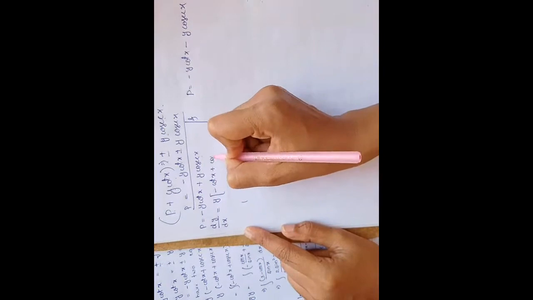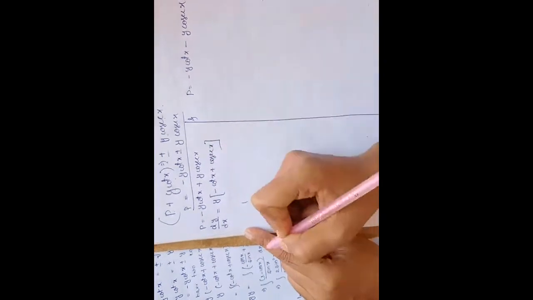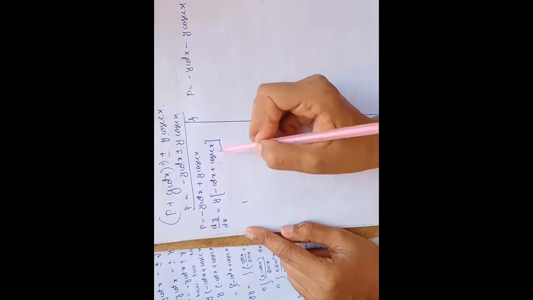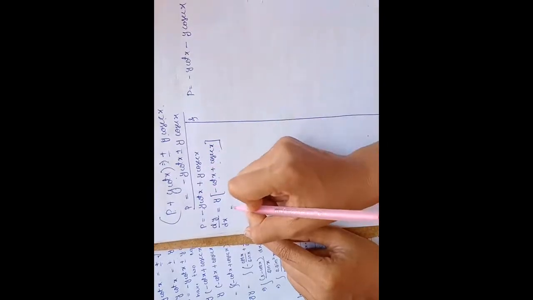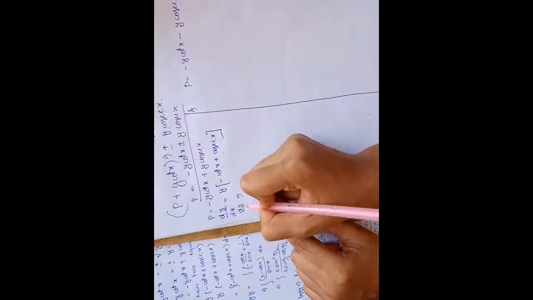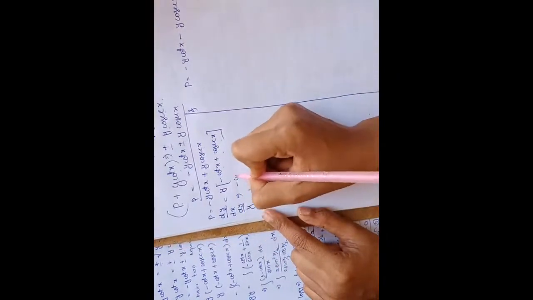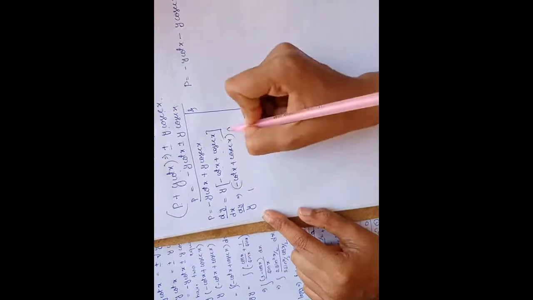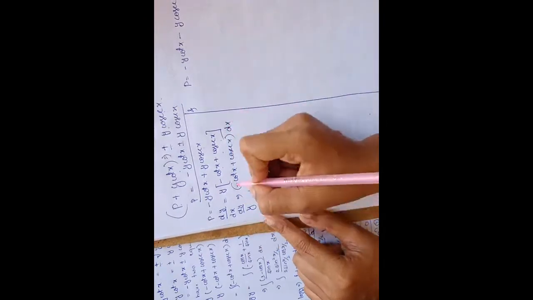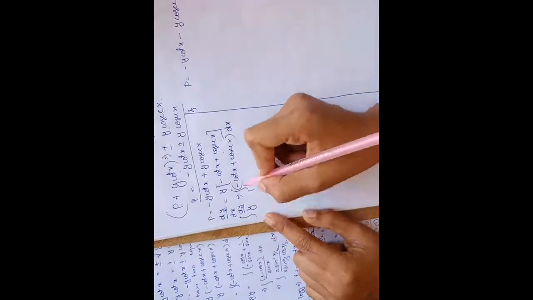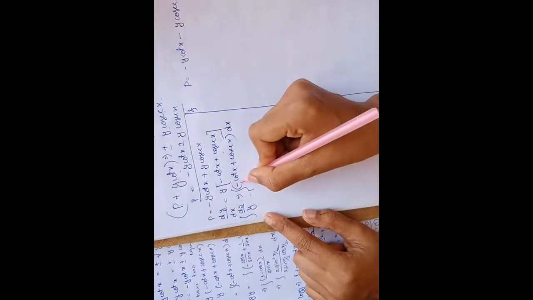So now separate the variables: dy by y is equals to minus cot x plus cosec x into dx. So now integrate the functions on both the sides: integration of dy by y, integration of minus cot x plus cosec x into dx.